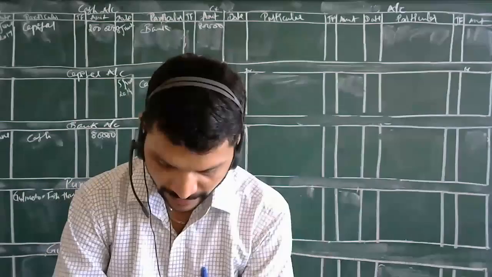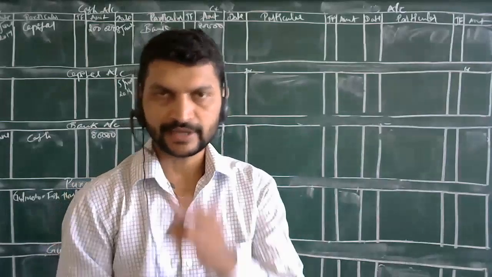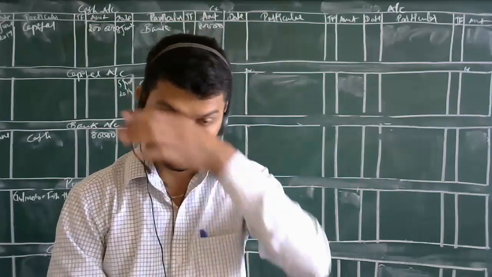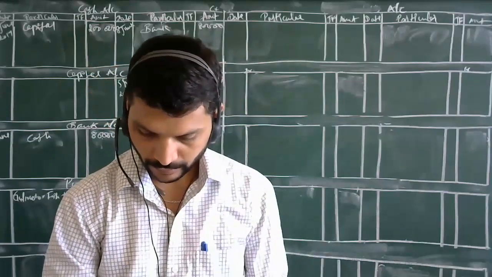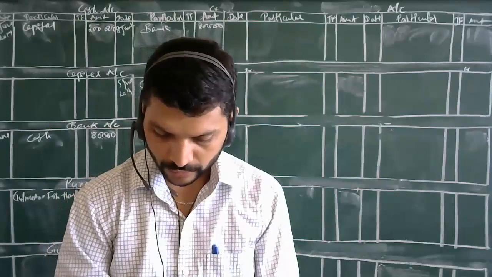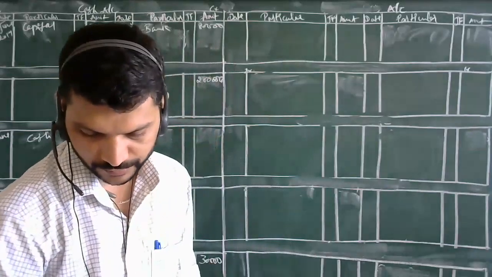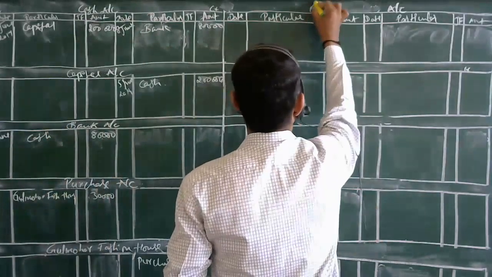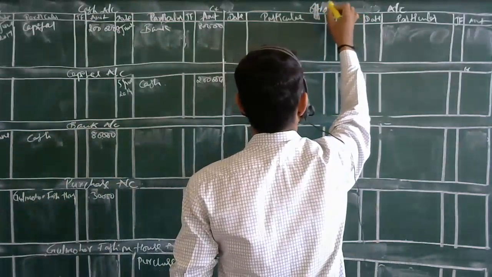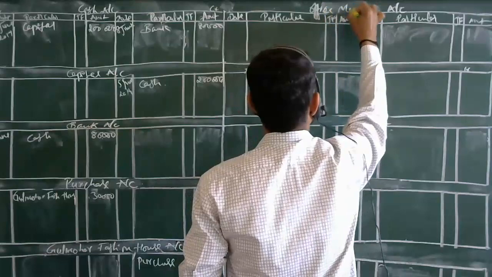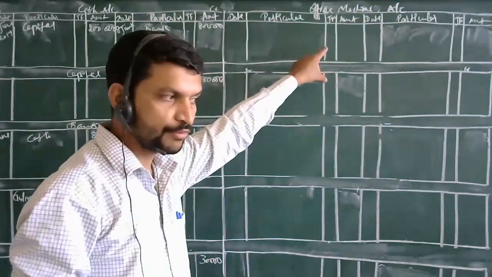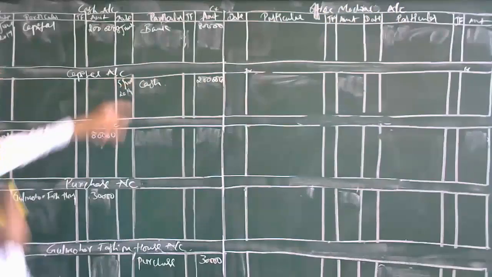Write down office machinery account debit to bank account, 20,000. Here, office machinery purchased. So next will be the office machinery account, the new ledger account we are going to make, and the bank account we already have here.